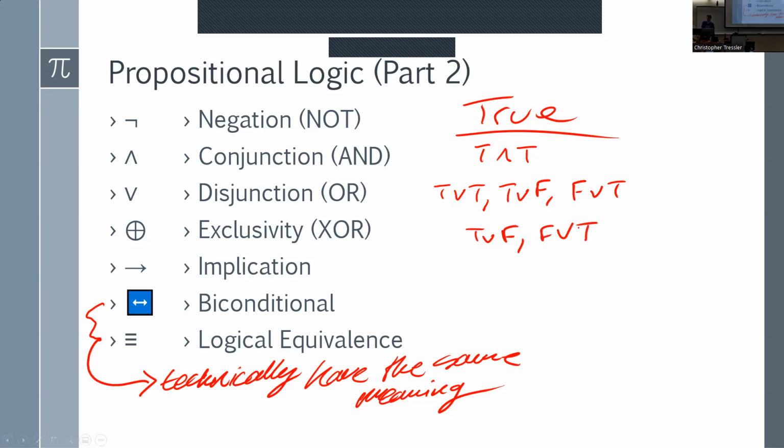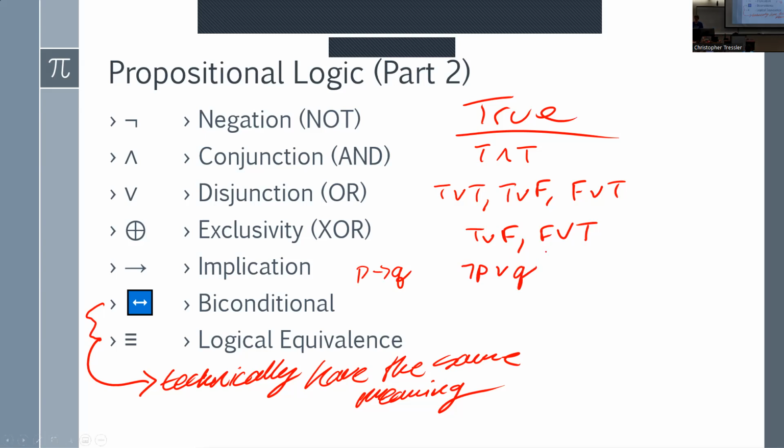What's the implication, guys? Okay, this is something everyone seems to stumble on. If you have P implies Q, that would be the same thing as saying either P is false, or Q is true.